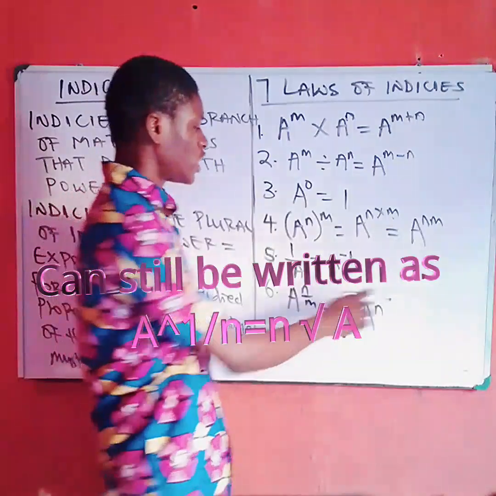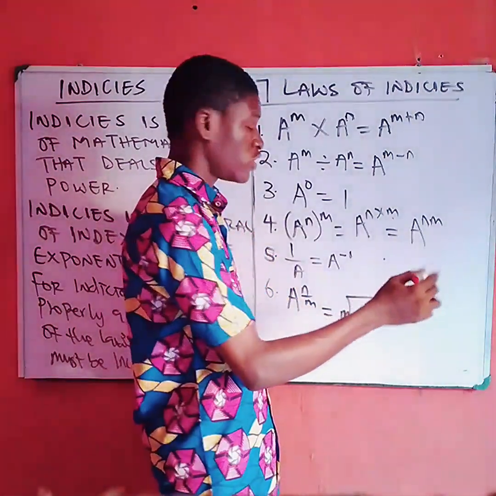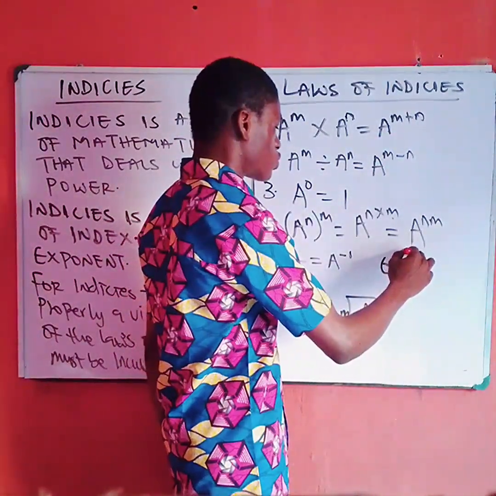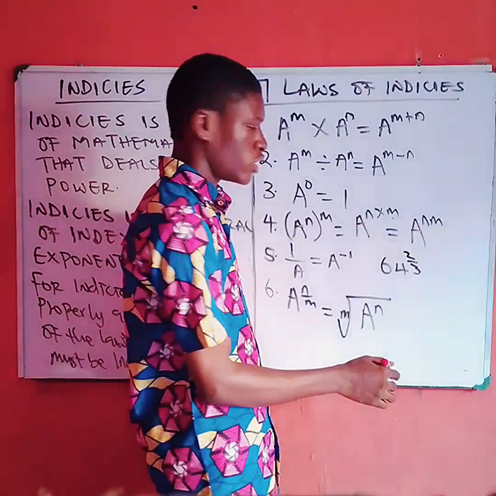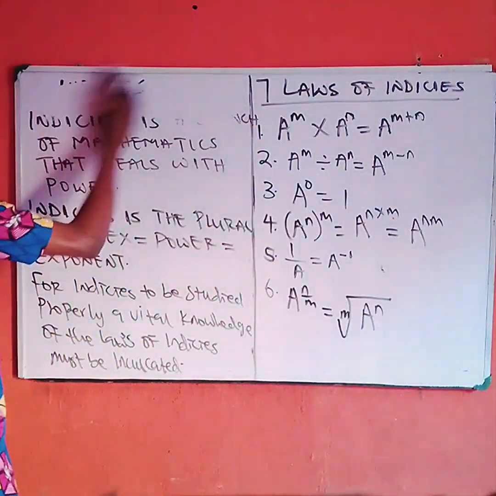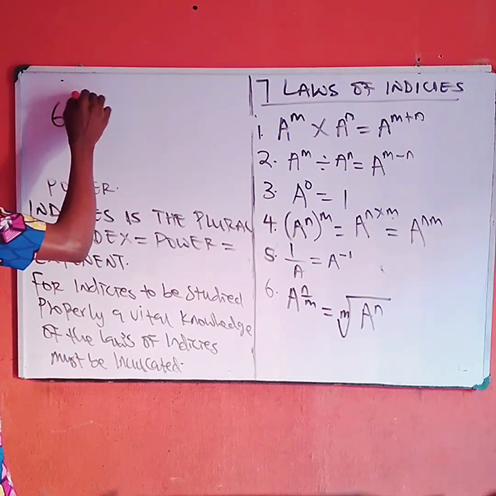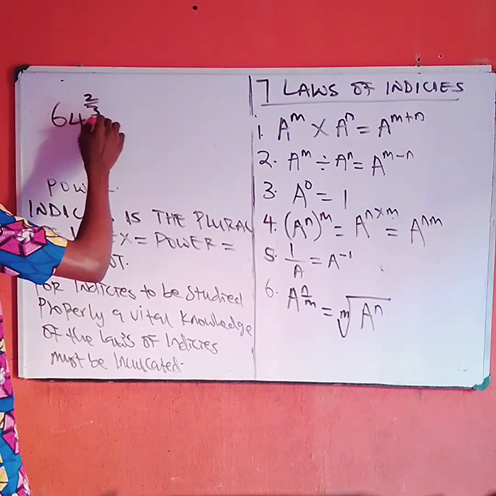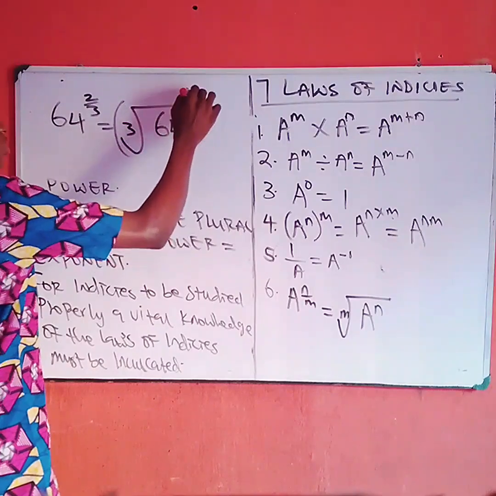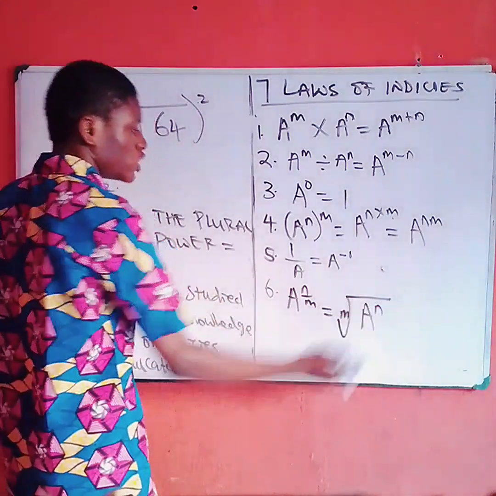So we can still prove that. Let me take 64 raised to the power of 2 over 3. They told me that I can write it as the cube root of 64, squared.